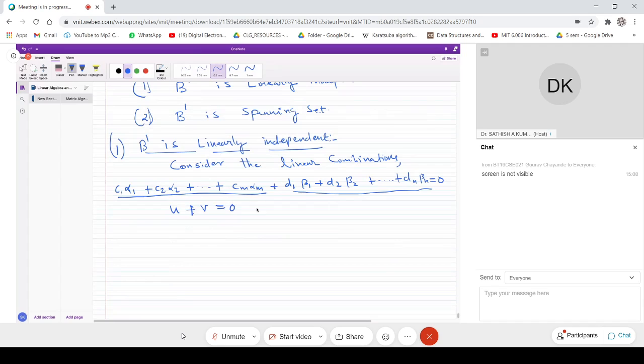I'm saying that u belongs to W1 and v belongs to W2, because u is nothing but C1 alpha 1, C2 alpha 2, etc., Cm alpha m, whereas alpha 1, alpha 2, etc., alpha m are vectors in W1. Similarly, beta 1, beta 2, etc., beta n are vectors in W2. So u plus v equal to 0, where u belongs to W1 and v belongs to W2.